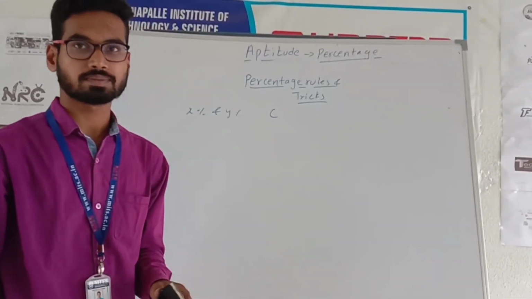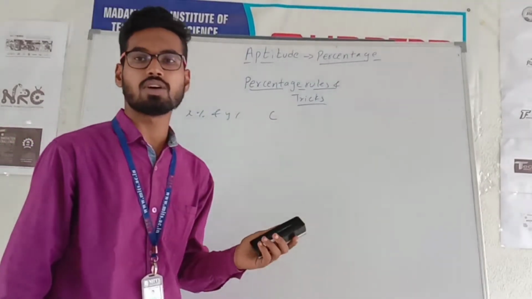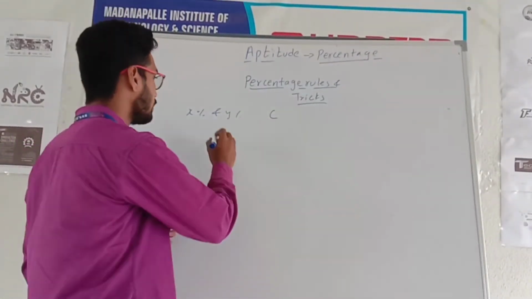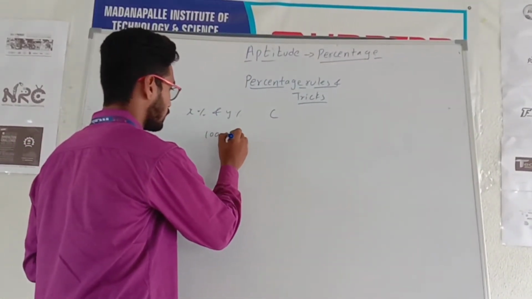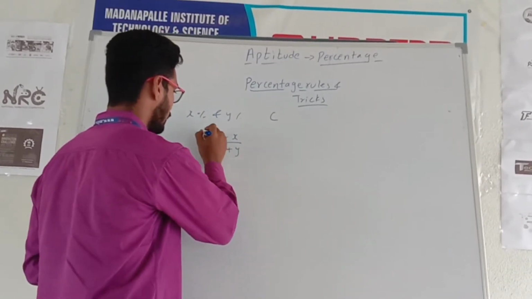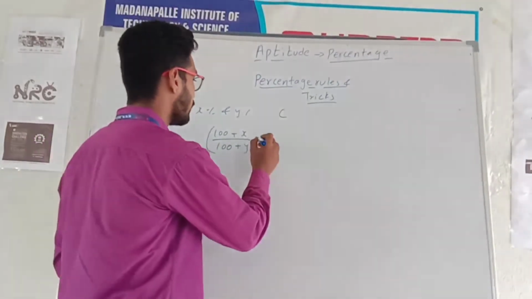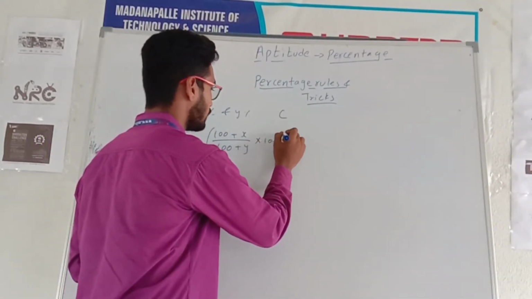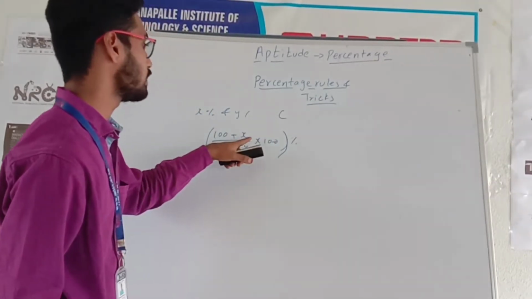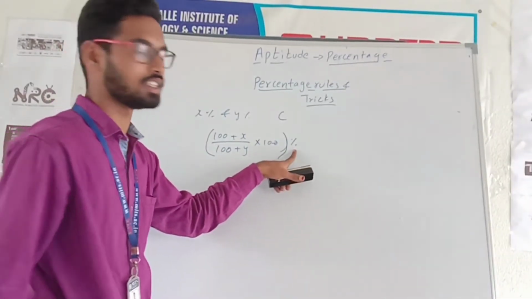If you want to find the percentage value of each other, you have to take (100 plus x) by (100 plus y), in a bracket, and multiply by 100 percent. As x and y are in percentage, I have represented it in a percentage manner.